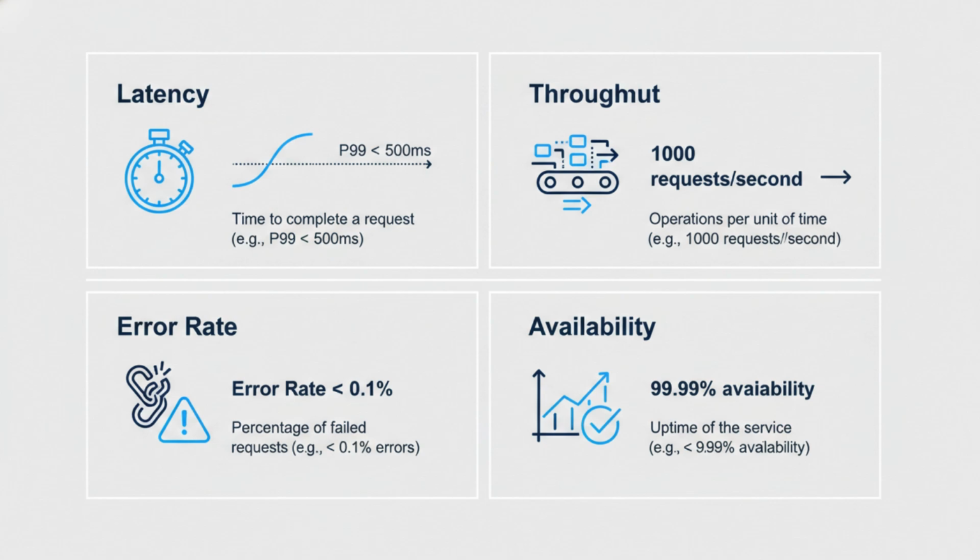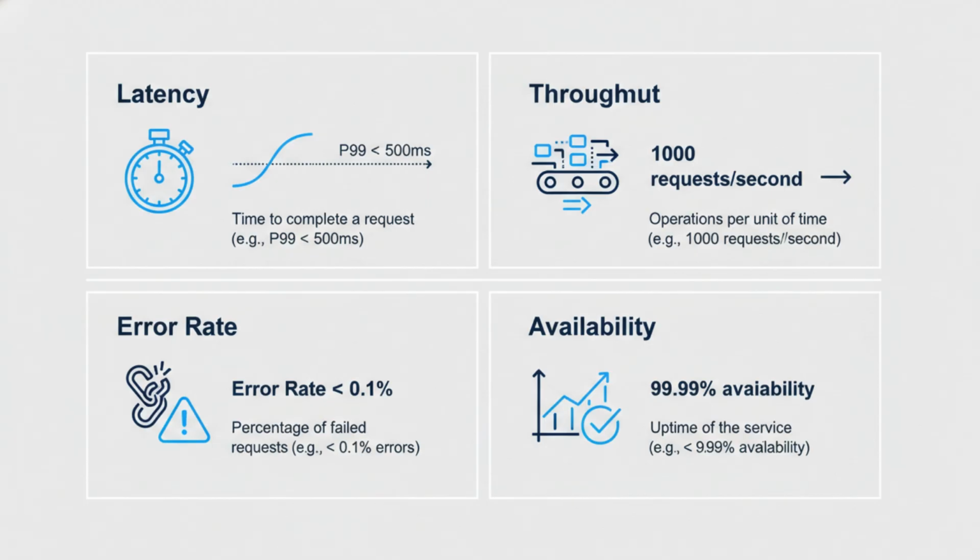For instance, an API call might have an SLI for its P99, 99th percentile, latency being under 500 milliseconds. Next, we have throughput, which quantifies the number of operations or requests a service can handle per unit of time. This could be requests per second for an API gateway or messages processed per minute for a queue consumer. A high throughput often indicates efficient processing.